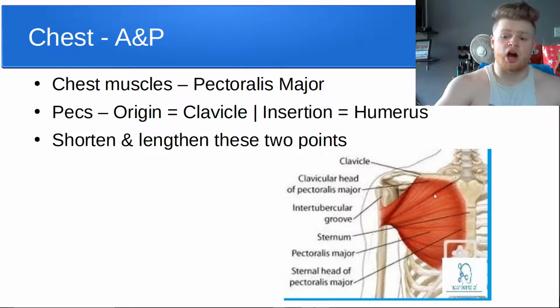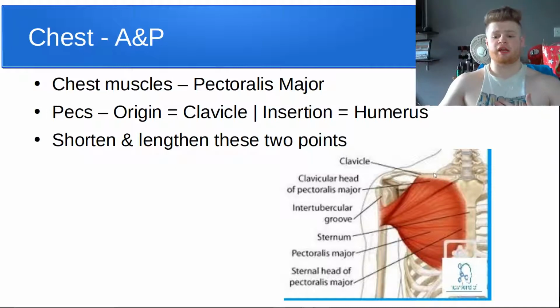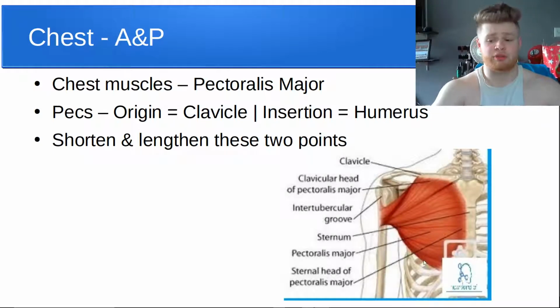But we see in the upper part of the chest that these particular chest muscles actually run at like a 45-degree angle. And we also see at the lower chest, the lower part of the pec major, we have some fibers that actually run at a 45-degree angle, but the opposite way. So what that tells me is, in order to properly shorten and lengthen the chest muscles, we need to do so from a flat position.